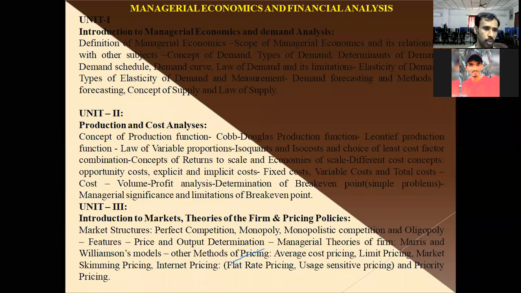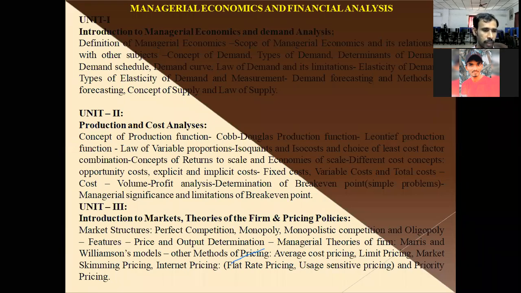Third unit is about different types of markets, theories of the firm and pricing policies. In this third unit, my focus will be on identifying the different types of markets, and evaluation of each and every market is done here, followed by price and output determination. As per our syllabus, you can see two types of markets here, perfect market and imperfect market.